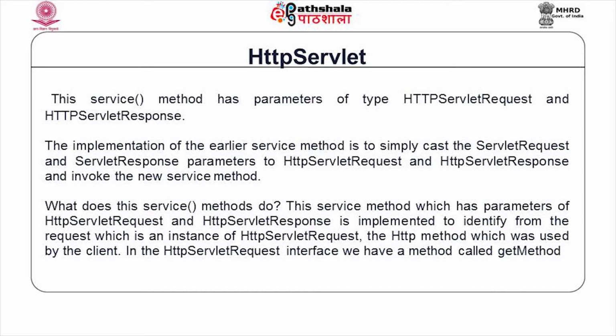We have one more service method added in the HttpServlet class, with parameters of type HTTP servlet request and HTTP servlet response. The implementation of the earlier service method is to simply cast the servlet request and servlet response objects into HTTP servlet request and HTTP servlet response, and then invoke the other service method which takes those as parameters.